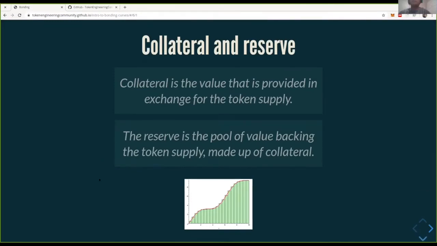This isn't necessarily a bonding curve, but underneath you can see the area under the curve, which would be an integration, and this green area represents the collateral that is backed by the bonding curve. So the tokens that are supplied along the x-axis would have a collateral backing being the area under the curve.